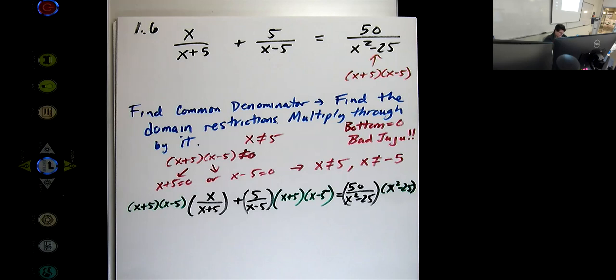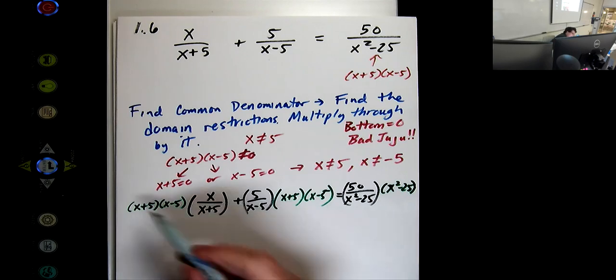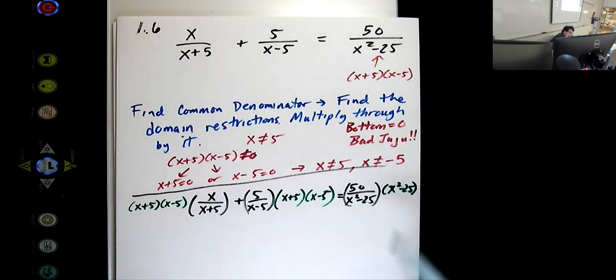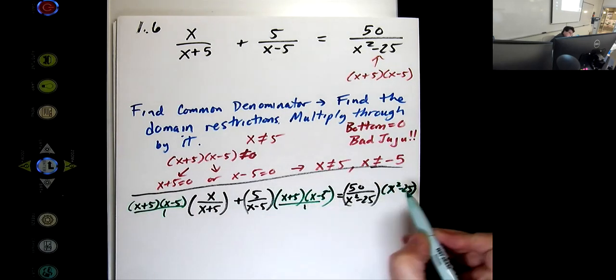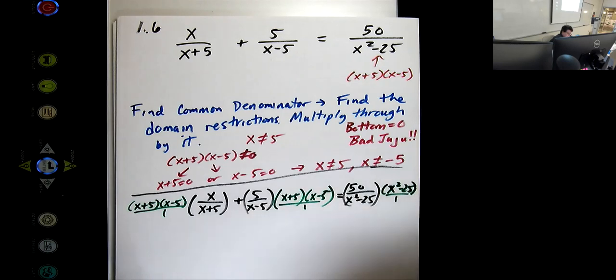Let's let that soak in for a second. So these are like fractions. These are like over 1. So when I'm multiplying, anything that appears on top and bottom, I can cancel out.